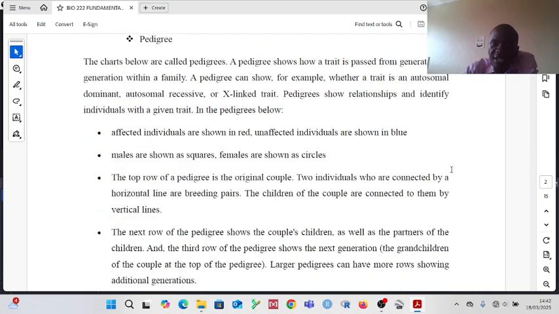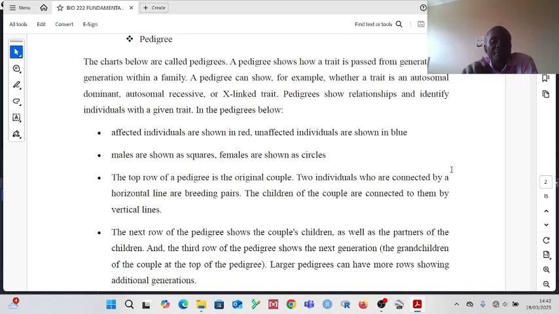So let's begin with the pedigree. A pedigree is a chart, okay, and it shows how a trait is passed from one generation to another within a family. Okay, within a family. So how far you want to go back into the family is your own thinking.